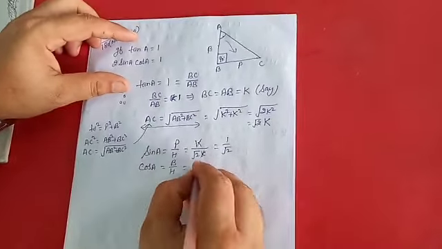Cos Q, which is base, QP by OQ. Understood? Hence the result.